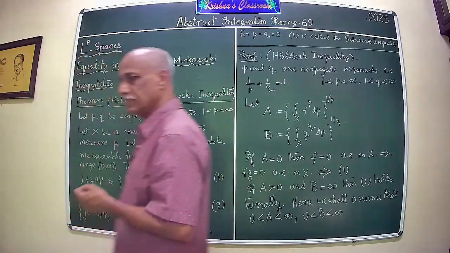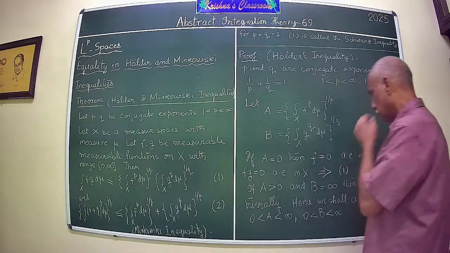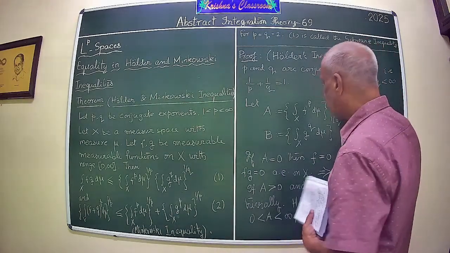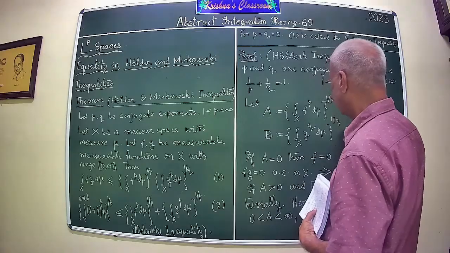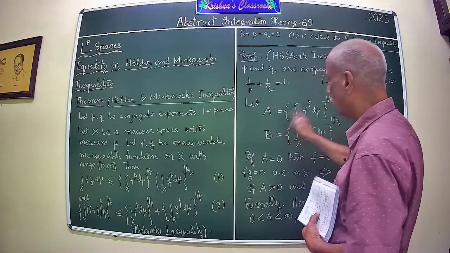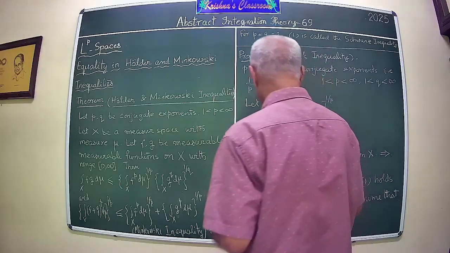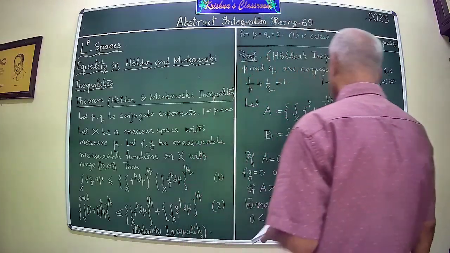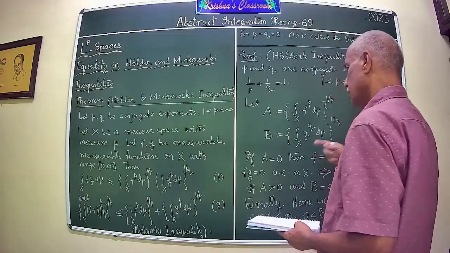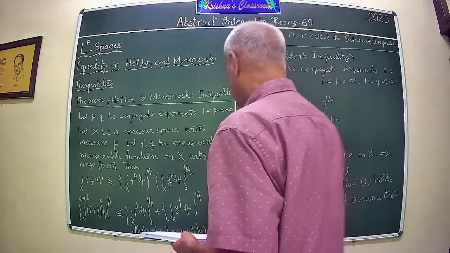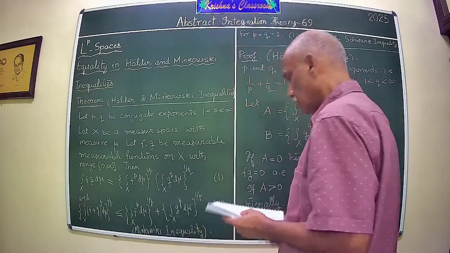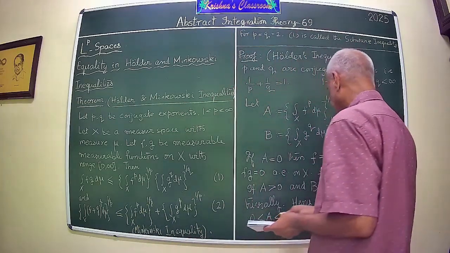Okay, so that is the assumption that we are making. These integrals are finite, they are non-negative functions, and you are assuming they are not equal to 0, because the case where A equal to 0 or B equal to 0 gives inequality 1 automatically.